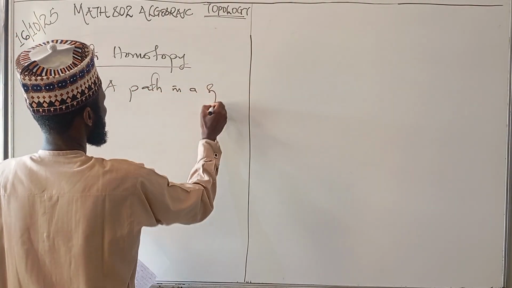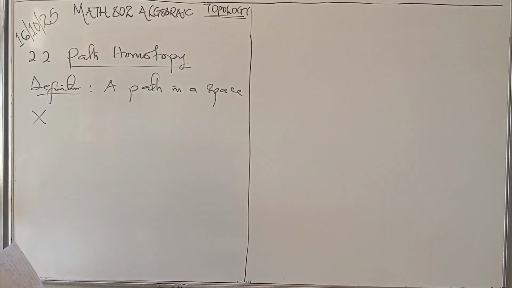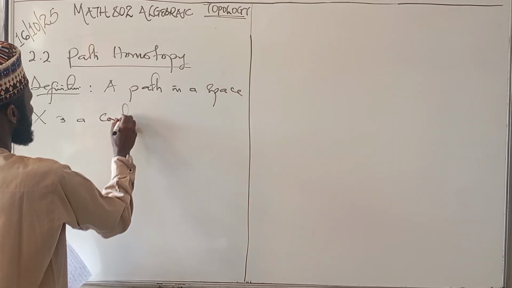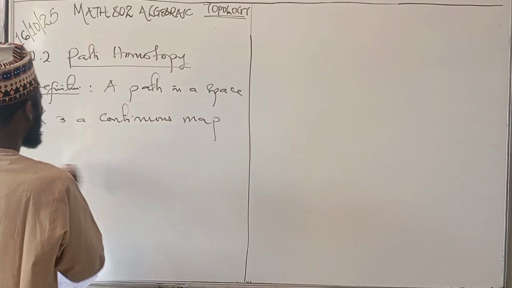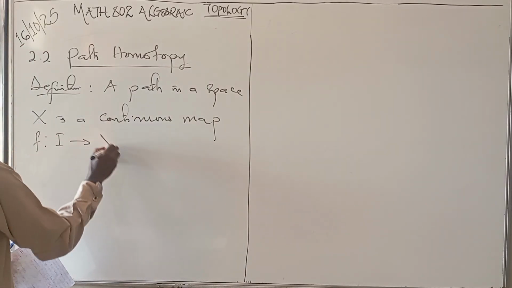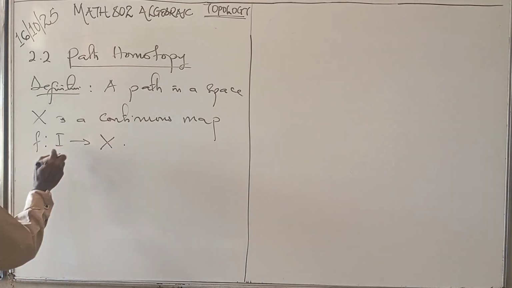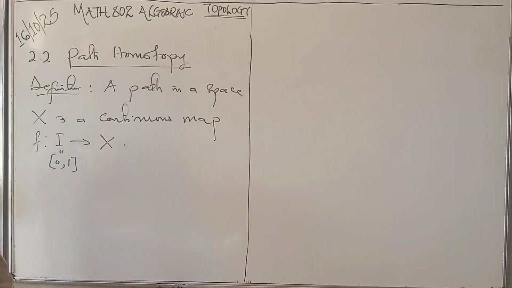in a space. And I always say, when we say a space X here, we mean a topological space. It's a continuous map f from I into X. So any continuous mapping from I, you remember I is the closed bounded interval 0, 1.